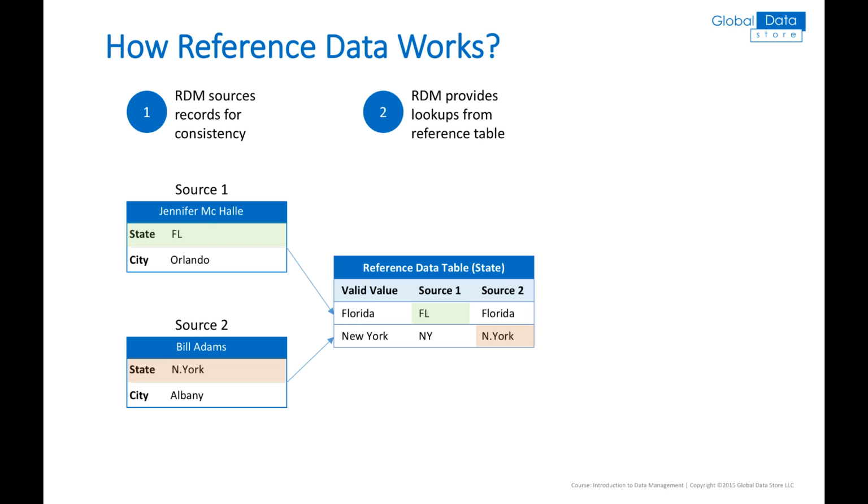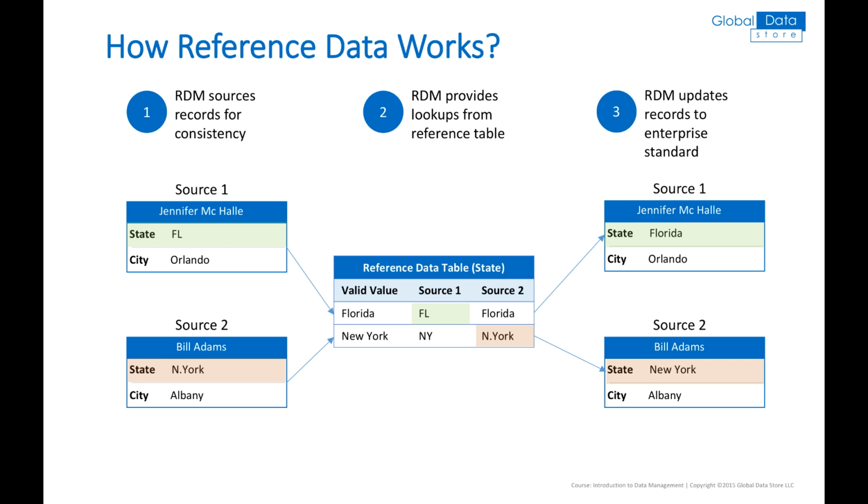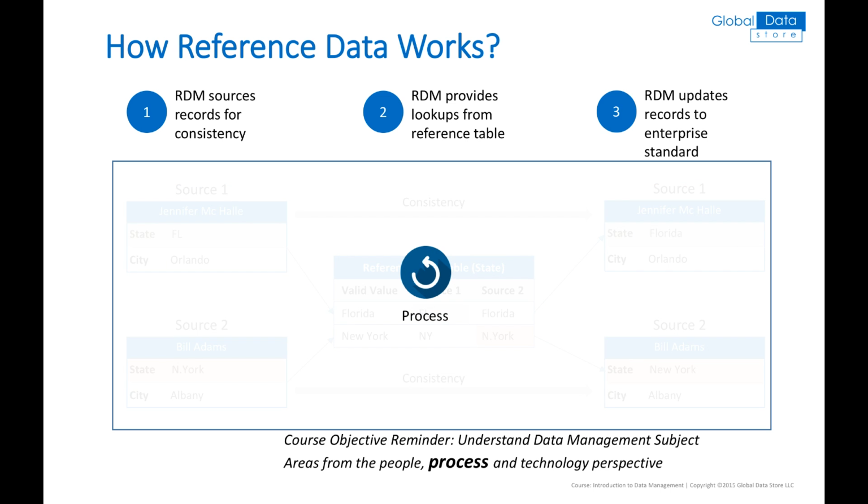Reference table is actually mapping table that maps valid values, in our case state name, with values representing the same data across the systems. In our case, FL abbreviation will be replaced with valid value Florida, and N.York will be replaced with valid value New York. In the last step, reference data management system updates sources with valid values, in this case, valid state names. In reference to course objectives, same as for master data, this slide covers process aspect of reference data management.